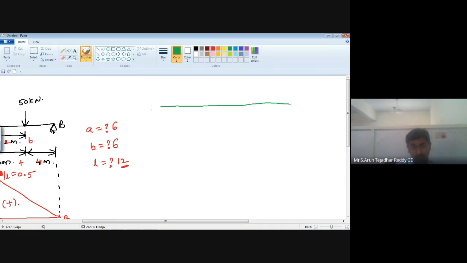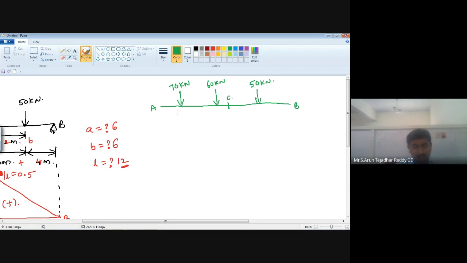So here it is A, it is B, and here it is C. Now here it is 70 kilonewton, and here it is 60 kilonewton. Here it is 50 kilonewton.